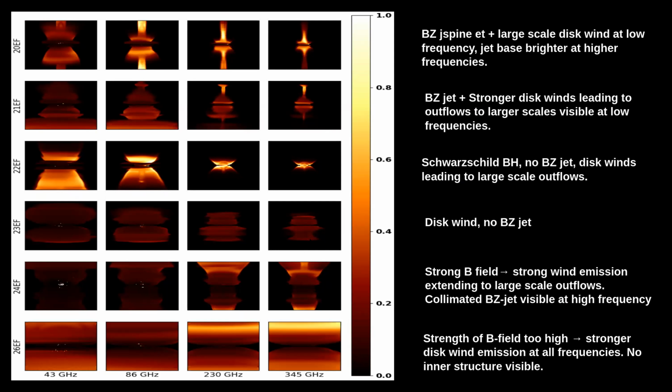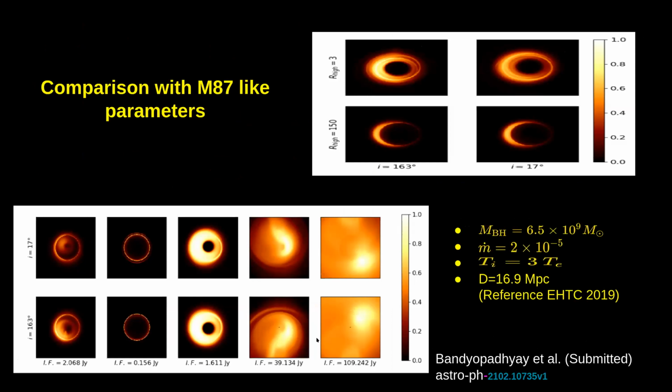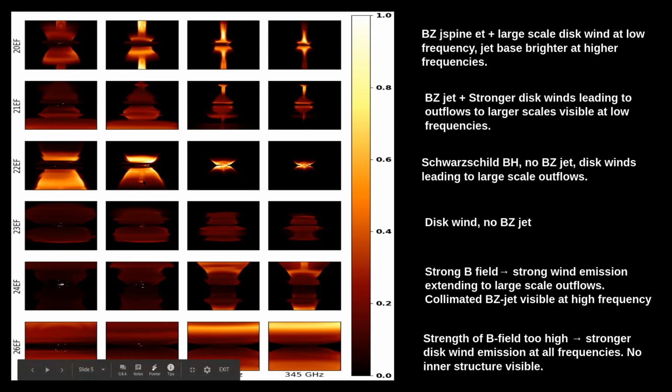In these cases, the disk winds are so strong that they lead to larger jets, but the spine jet is not visible because of the strong disk wind. And here you cannot see anything at all. This was for a black hole mass of around 10 to the power of 7 and an intermediate accretion rate of 10 to the power of -4, where we could distinguish the different wind and jet structures for our simulations.